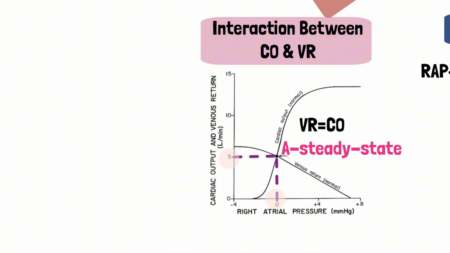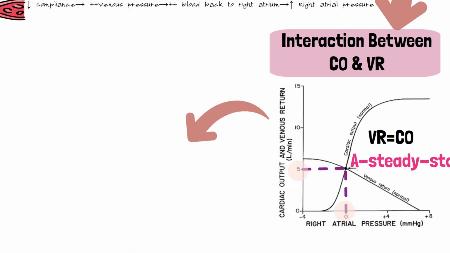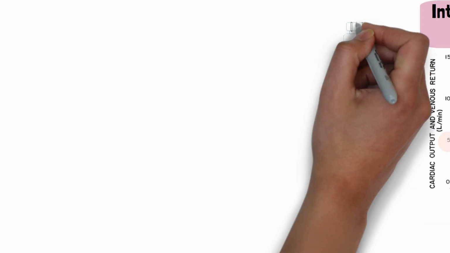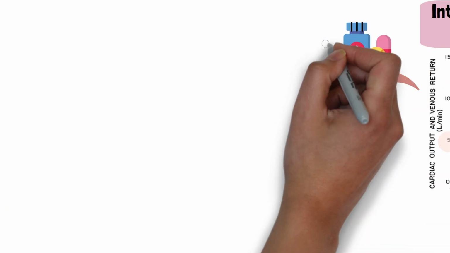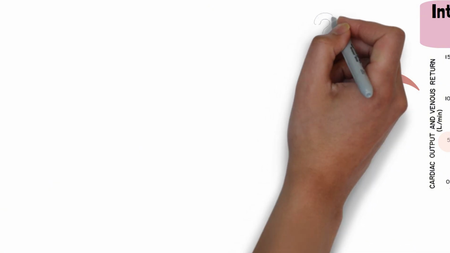So now let's change one variable and see what will happen. Imagine if you give the patient a positive inotrope drug that increases the contractility of the heart, but with no direct effect on the blood vessels. Before looking, I would ask which curve should change: cardiac output, venous return, or both?